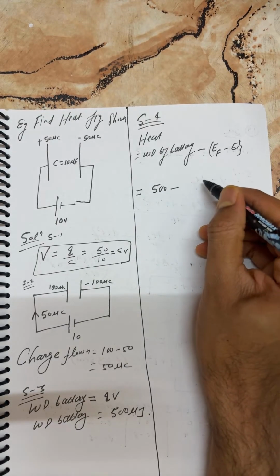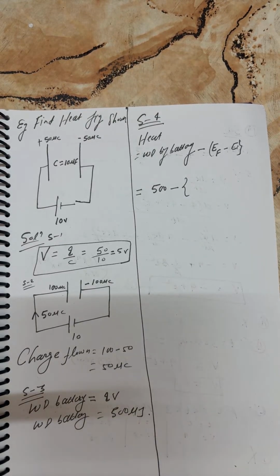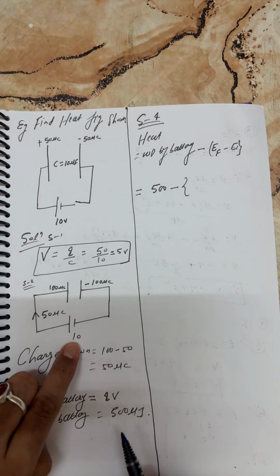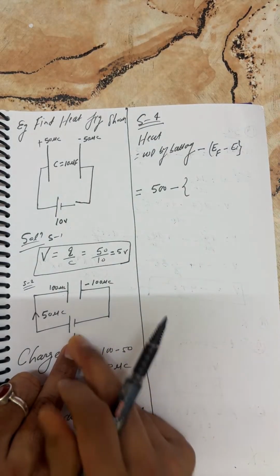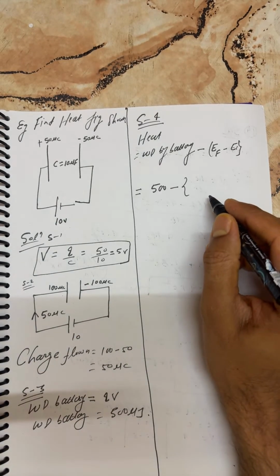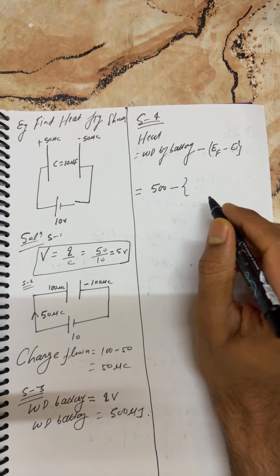Energy final, beta, we need to calculate, my dear. How can we do energy final? Tell me quickly. Energy final is half CV square. Half CV square, you can write here. What is the energy final here? Half CV square.